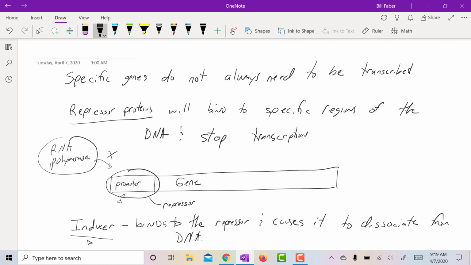Then it's going to bind here, and this would be the repressor protein, and it will cause that to change some type of conformation so it can no longer bind to this gene. And so the concept of repressors and inducers, you should understand that. And obviously there's lots of other ways that this can happen, but this is another sort of classic method for stopping it from even starting in the first place.